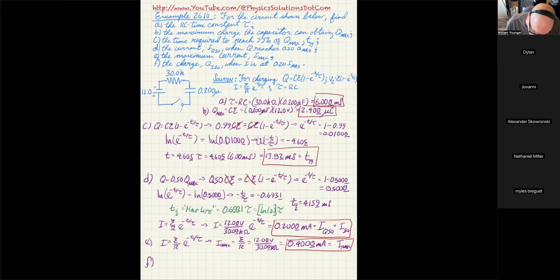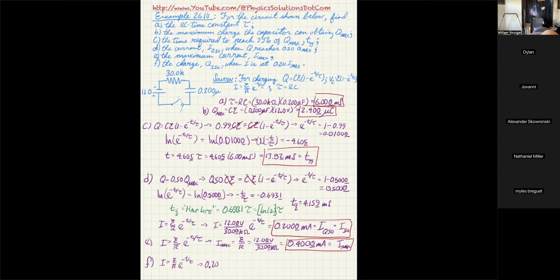So QI20, basically what that means is I've got to figure out when I equals E over R times e to the negative t over tau, exactly when is I equal to 0.20 I max. Instead of calling it I max, I'm going to write out what I max is.